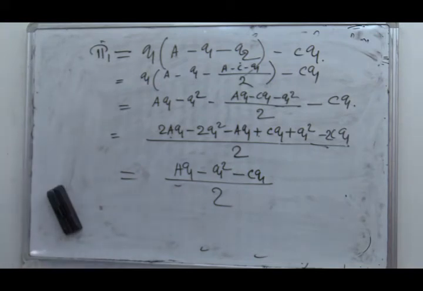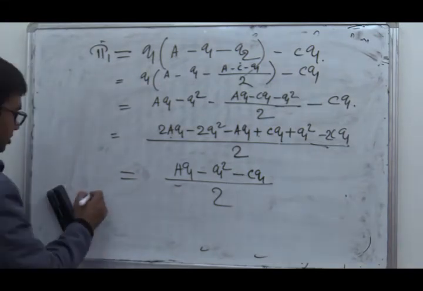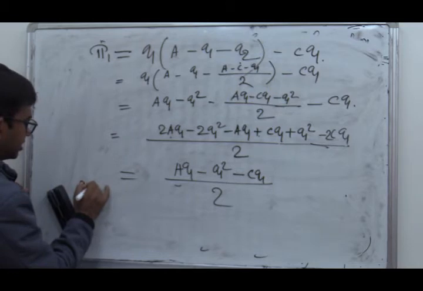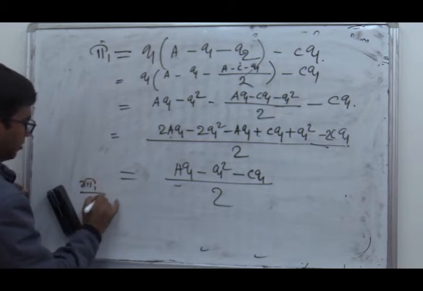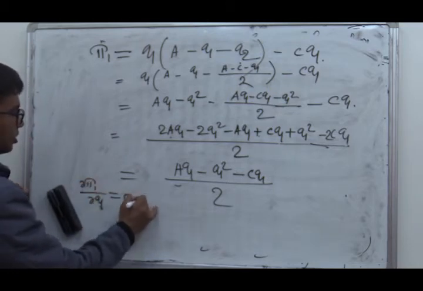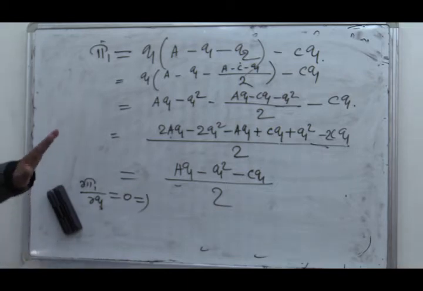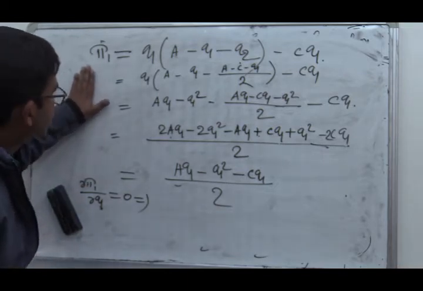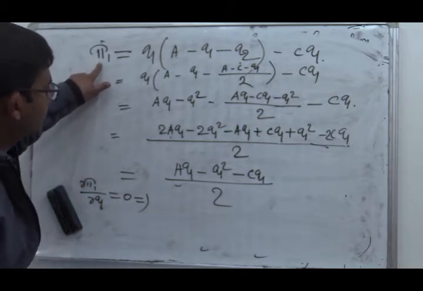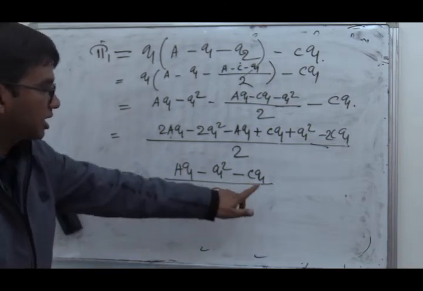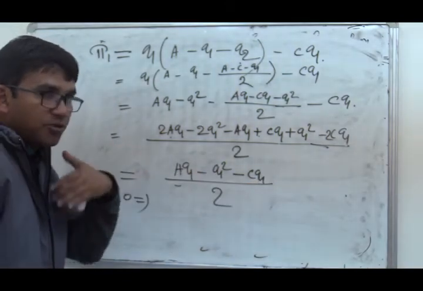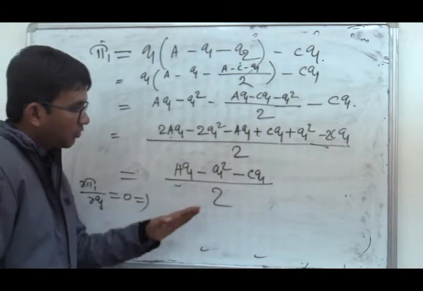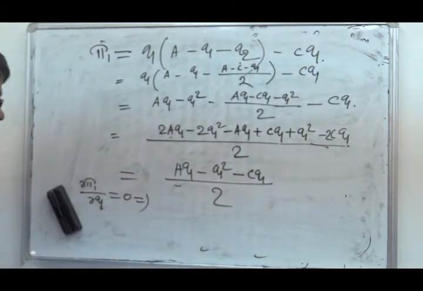So now if we differentiate it, our first order condition is del pi 1 by del Q1 equals 0. Here we see that, due to the backward induction, in the objective function of firm 1 there is no existence of Q2. So firm 1 will maximize its profit with respect to its own output.